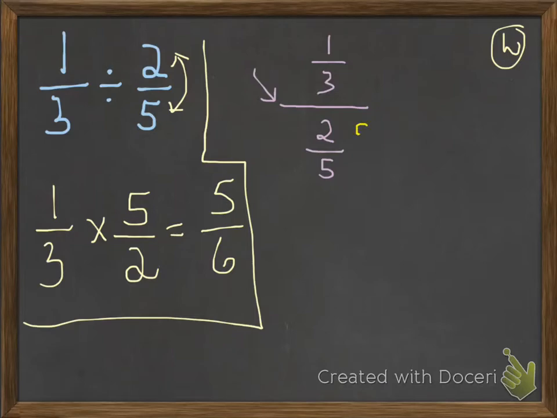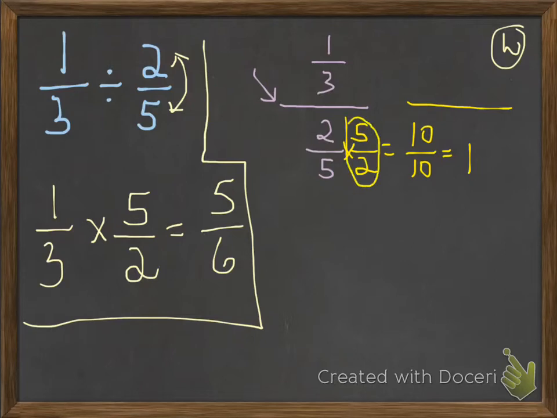We can make that a 1 by multiplying it by the flipped version of it. Okay, watch what happens if we do this, times it. So 2 times 5 is 10, 5 times 2 is 10, 10 divided by 10 is 1.